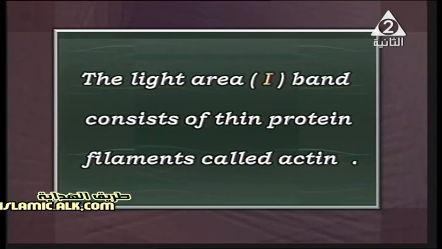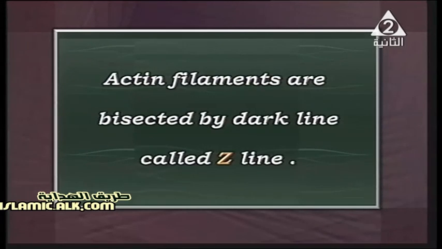What about the dark one? Well, the actin filament is bisected by a dark line called the Z line. Again, the light bands are called I bands, and they are bisected by the Z line.